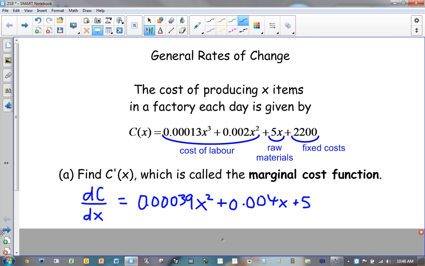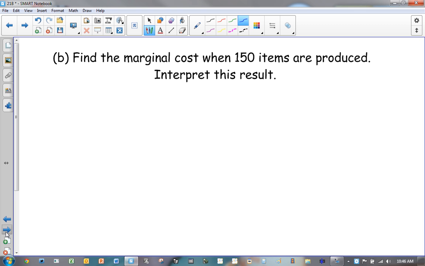All right. So moving on, part B says find the marginal cost when 150 items are produced. So I remember what my C prime function was. Now I just need to evaluate that at 150. So everywhere there's an x, I'm going to plug in 150.